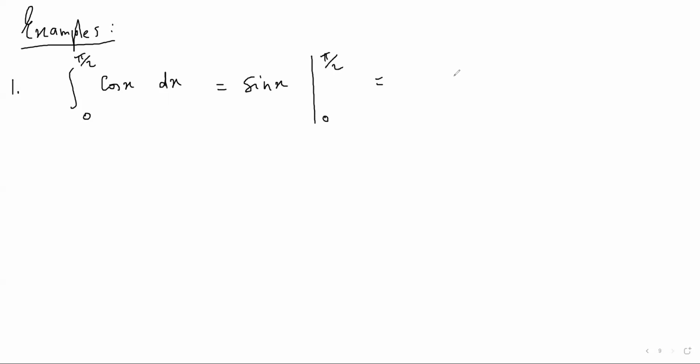Sometimes we put a bracket around it. Obviously, that means that we're going to say sine of pi over 2 minus sine of 0.